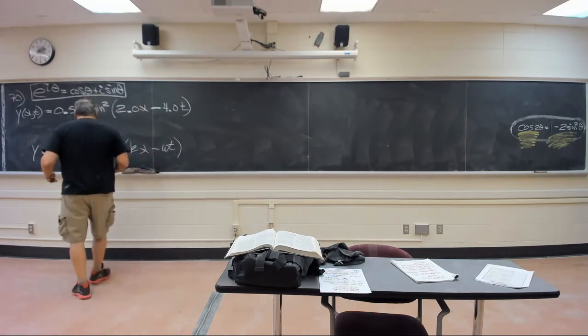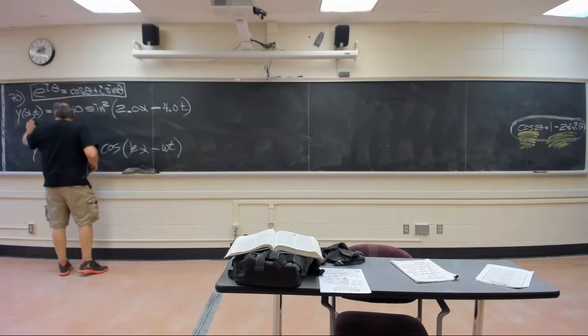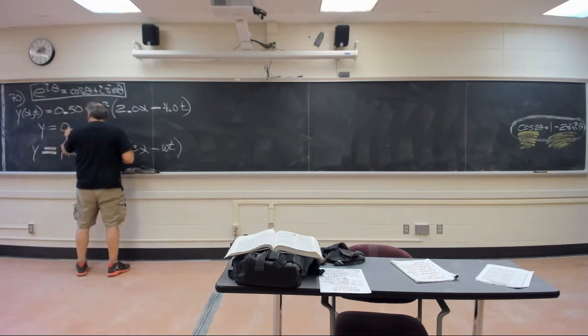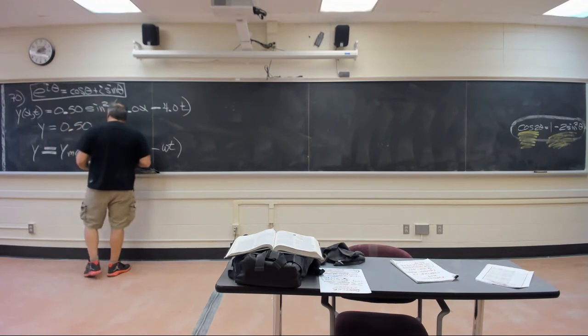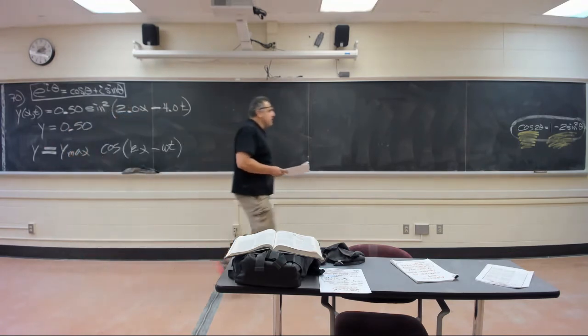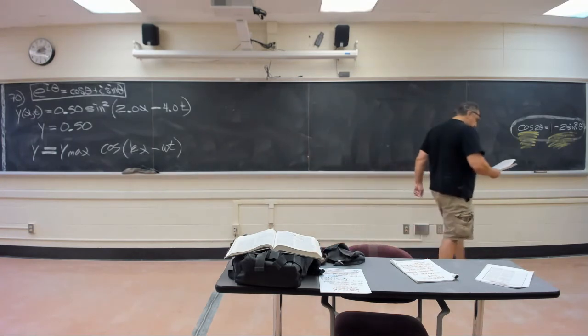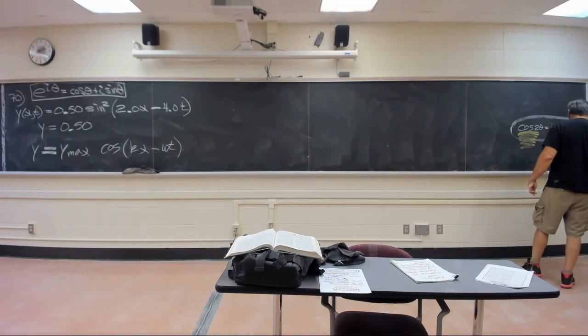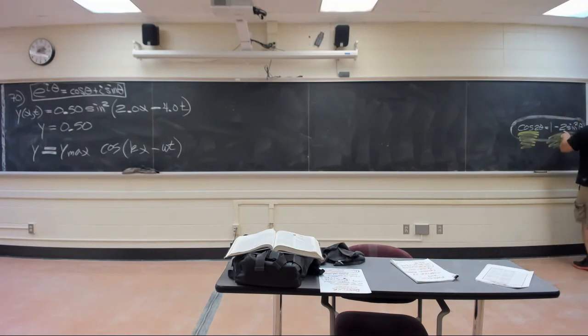Okay, let's do it. Let's take y of x comma t. y of x comma t is just y. The 0.50 isn't changing anything. They never told us to change it. The sine squared is going to be converted. So we'll go with this guy again. Let's go full circle again. The sine squared, how would you do this?